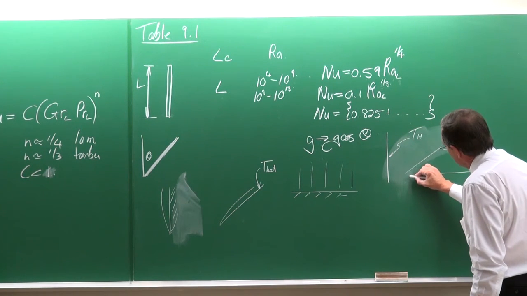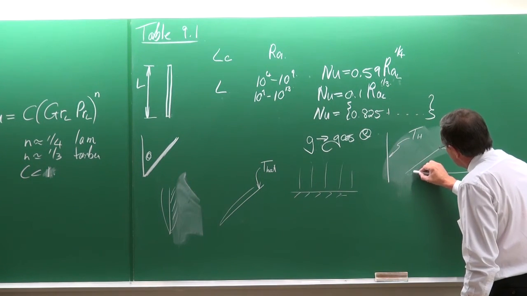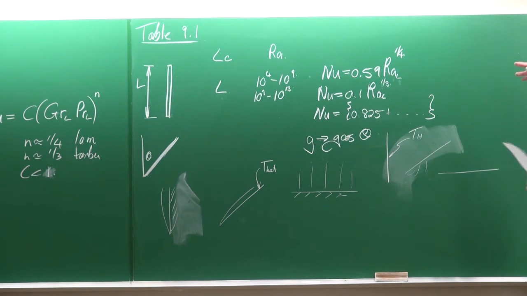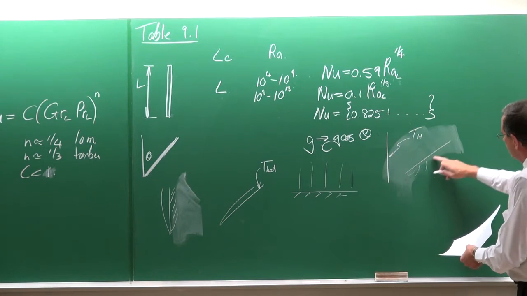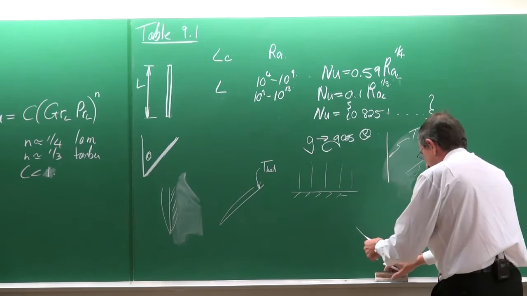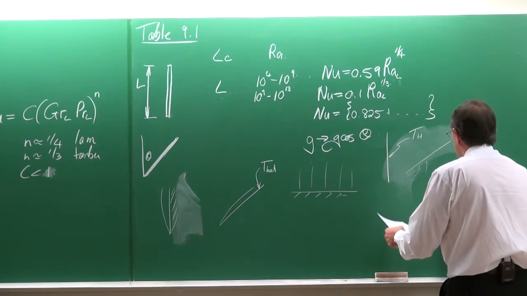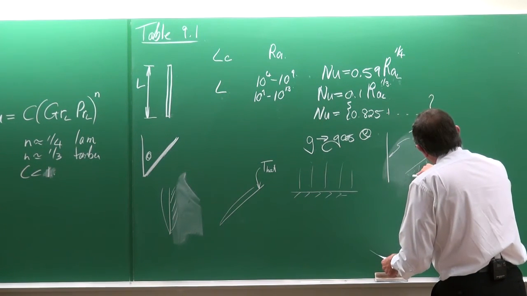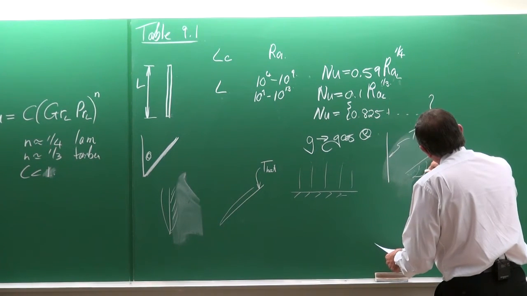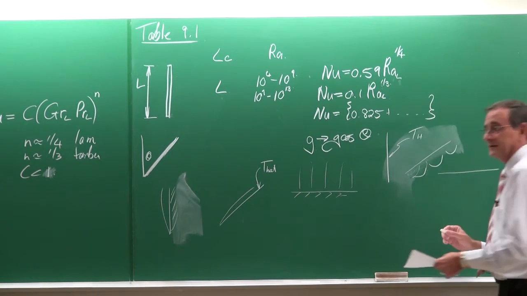So what is now going to happen is that the flow also wants to move up. It doesn't want to just go up like that, and the result is that we're going to get flow patterns that are now going to start doing something, things like that.